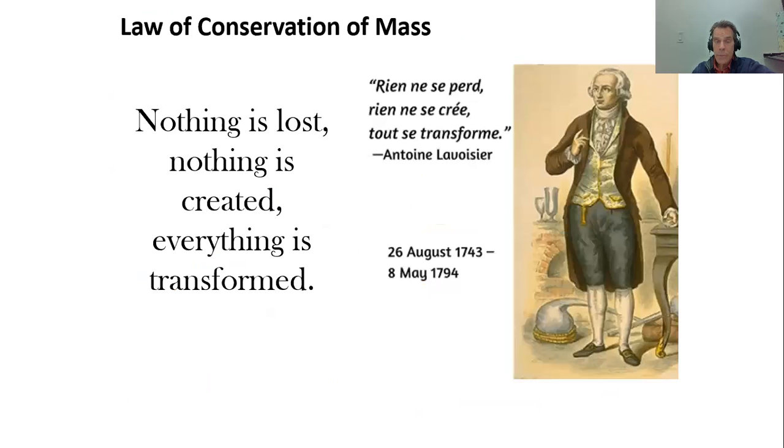We use this approach when we review the information for the International Aquaculture Feed Formulation Database. We use the conservation law of mass and energy: nothing is lost, nothing is created, everything is transformed, as Antoine Lavoisier taught us in 18th century France. Your mass of protein, your mass of lipids, your mass of other nutrients should sum up to the mass of the ingredient.